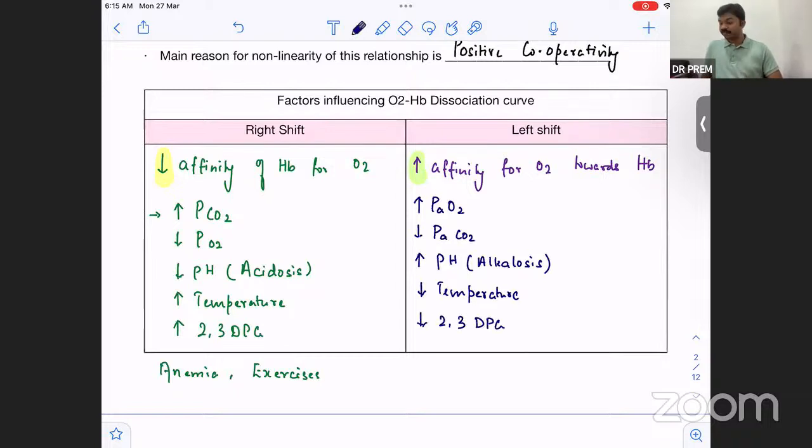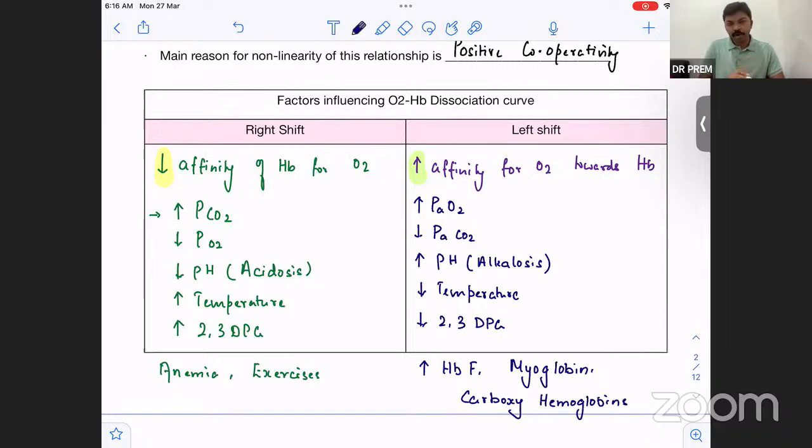And the other variants of hemoglobin, guys, this is something quite important. You have to be familiar with the variants of hemoglobin, but it is very easy to understand. Whatever the kind of other hemoglobin you speak about, increase in hemoglobin F, fetal hemoglobin, or myoglobin, carbon monoxide poisoning, where we develop carboxyhemoglobin, these hemoglobin variants have a left shift of the curve.